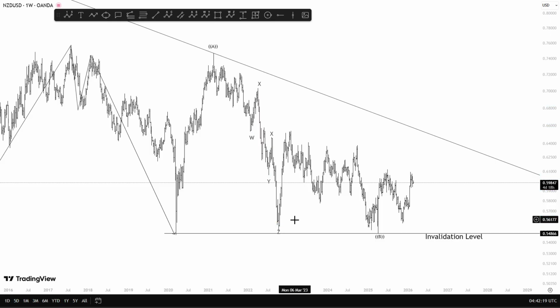What the market now forms next is very rare, something called ABC, and the C is an angle diagonal, which is a corrective structure.